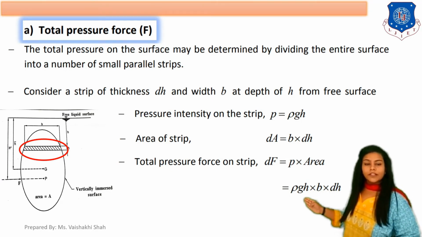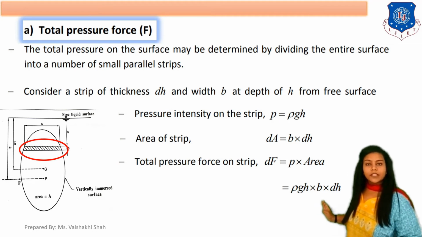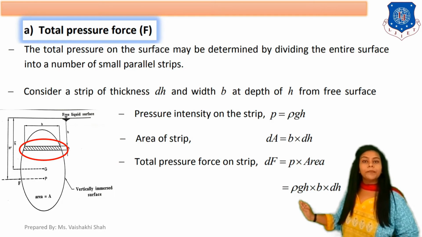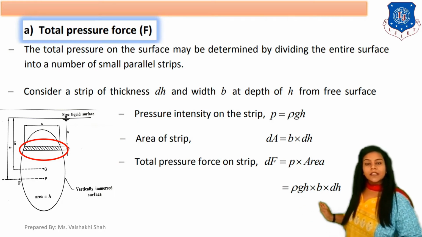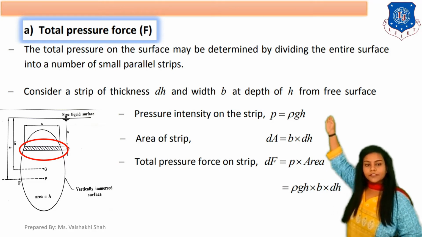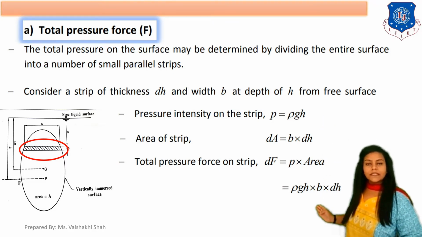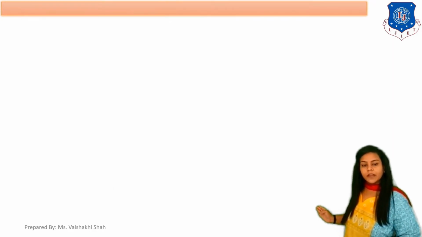So this is your equation for P and this equation is for dA. So the total pressure force on the strip is equal to P into dA. We have both the equations for P and dA, so place those equations here.